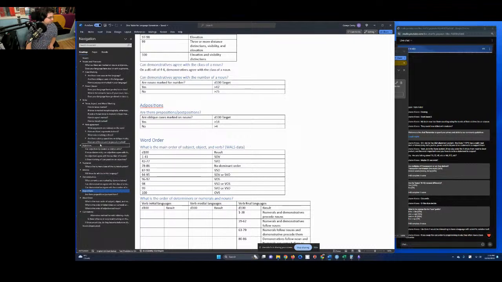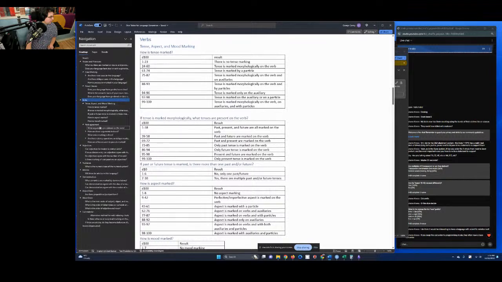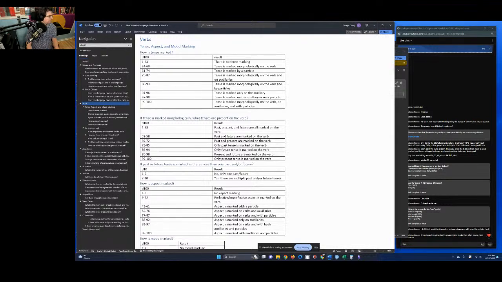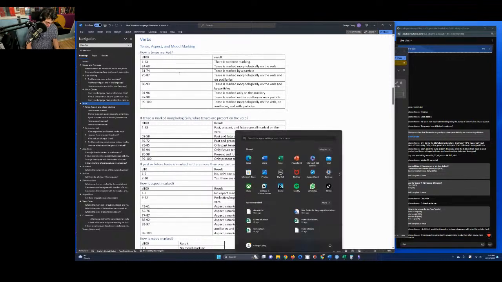But I will get that. I need to find my classifier one. This should be, is it in nouns? I was sure that I had a table for classifiers. Maybe I only have it in Excel form.